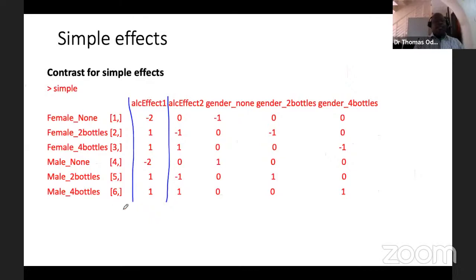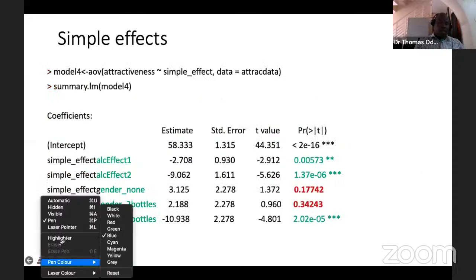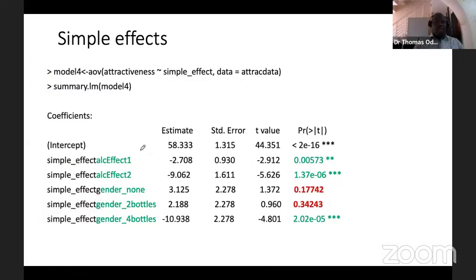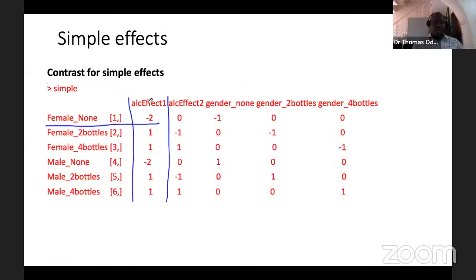Under this, for example, we want to compare none versus some. So we want to compare this none: there's none female, and then there's none male.